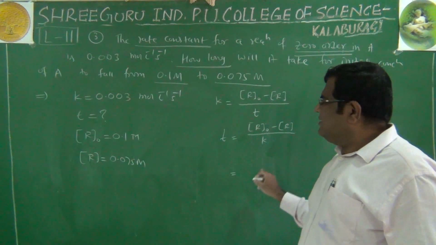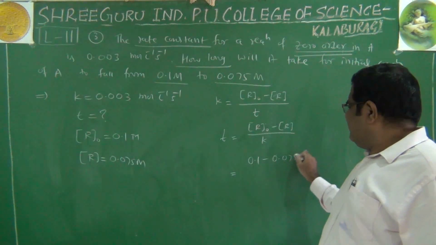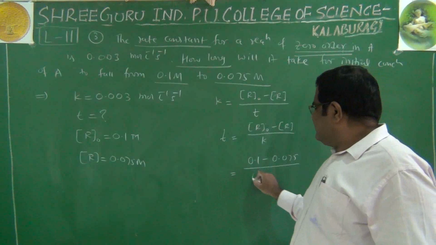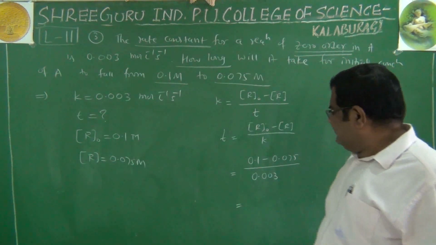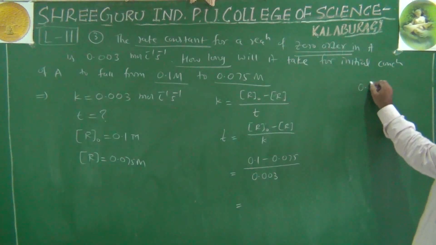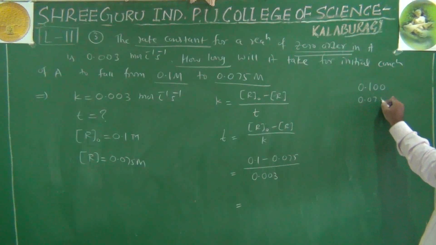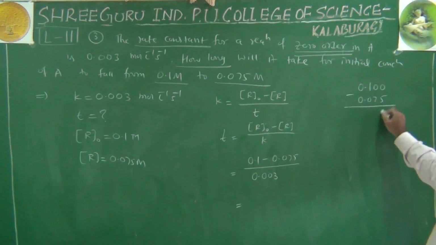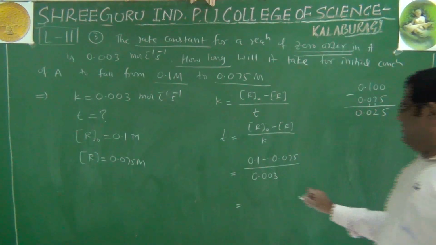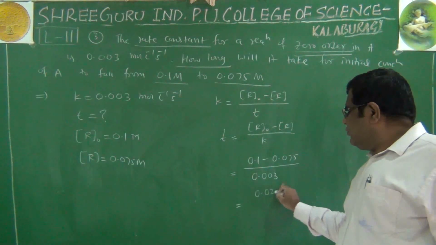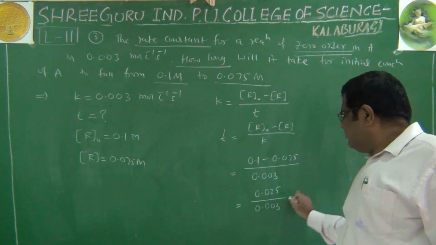The initial concentration is 0.1 and this is 0.075, which we subtract from it, giving 0.025, divided by 0.003.